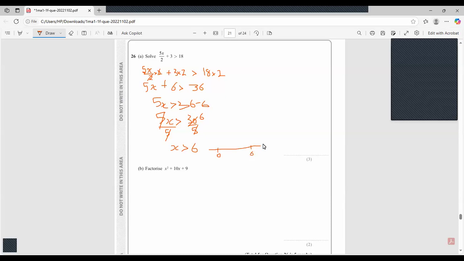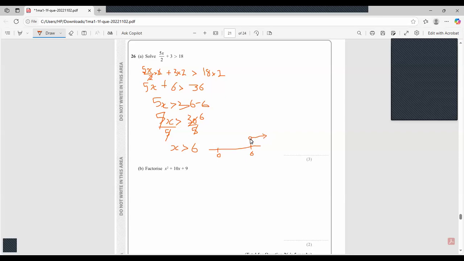Okay. And then remember it's x greater than 6. All the numbers to the right-hand side of 6 are greater than 6, aren't they? Yes. So this is how your graph will look for this particular question.